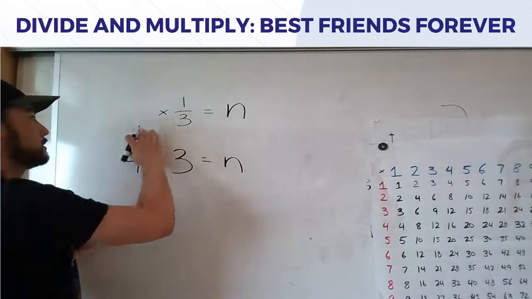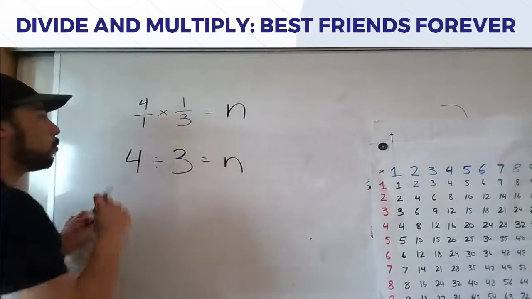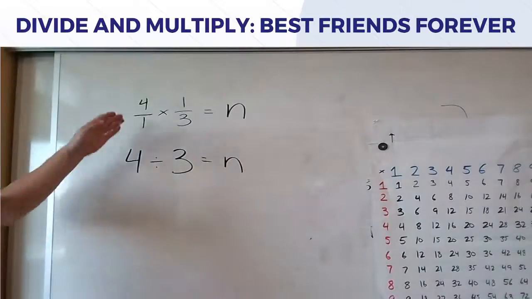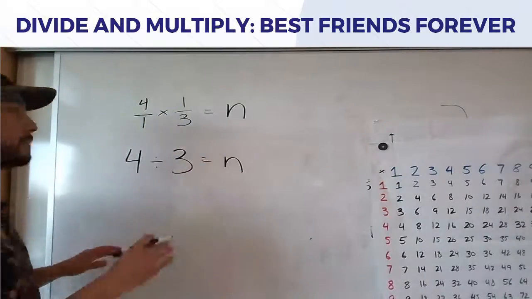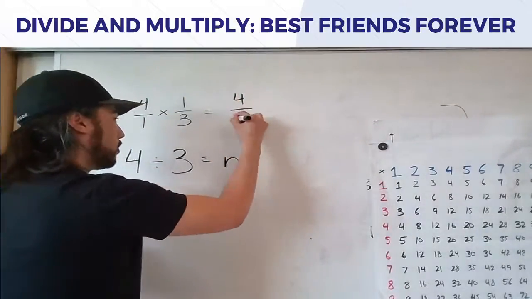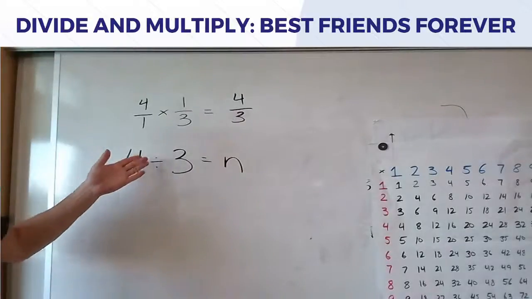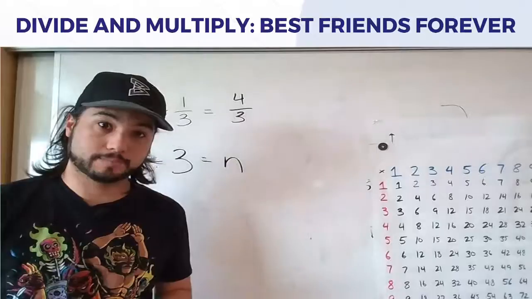In this case, 4's denominator, because it's a whole number, is 1. So we're doing 4 times 1 to get our numerator, 1 times 3 to get our denominator, which is 4/3, or similarly 4 divided by 3. Fractions, division in disguise.